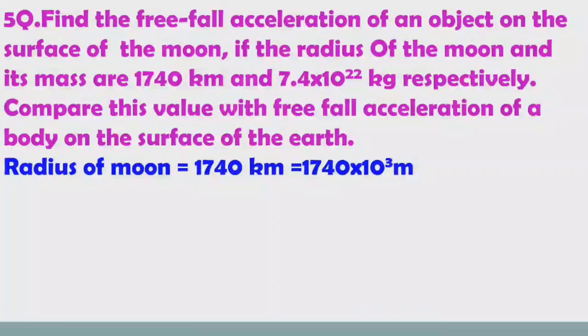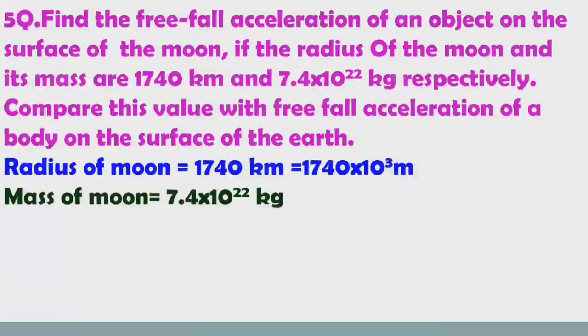So the radius of the moon is given, that is 1740 kilometers. 1740 kilometers can be written as 1740 into 10 power 3 meters. Every value we have to keep in SI units or CGS units.